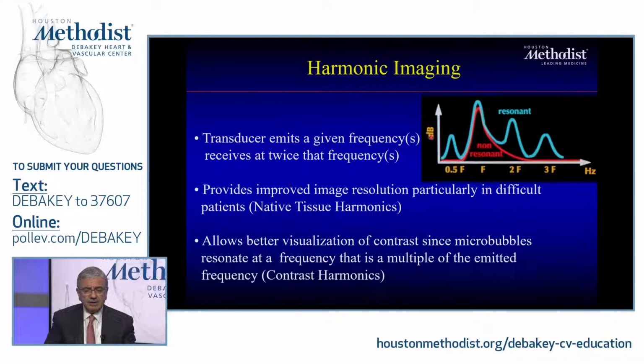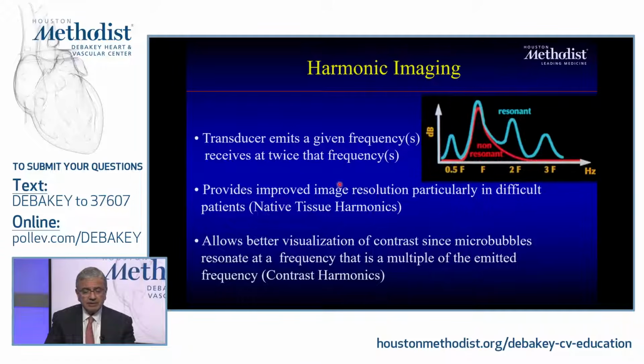It's very interesting that you would send a certain frequency, let's say a 3.5 megahertz, or let's say a 3 megahertz frequency transducer. It provides, you can have multiples of that frequency resonating from the structure that you're hitting. You could have subharmonic frequencies.